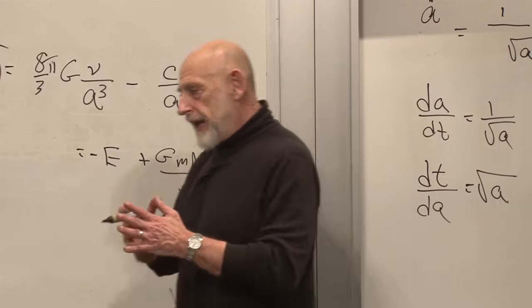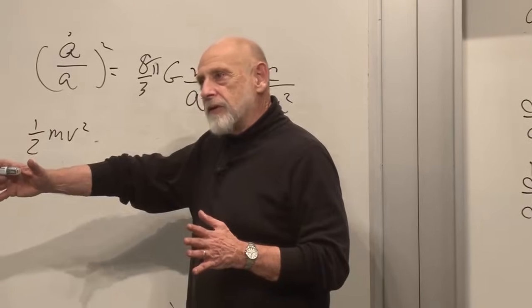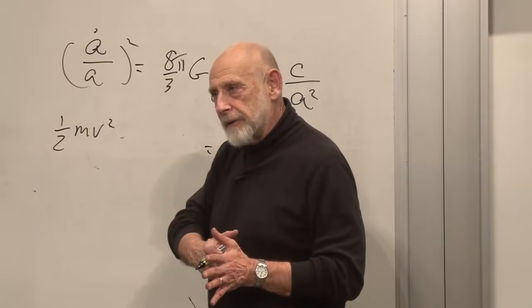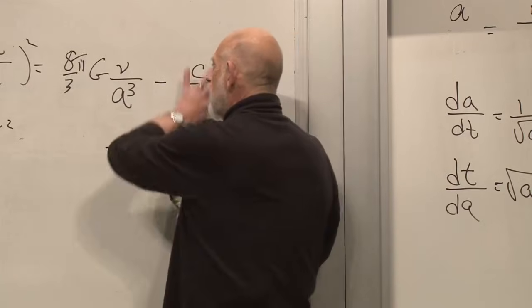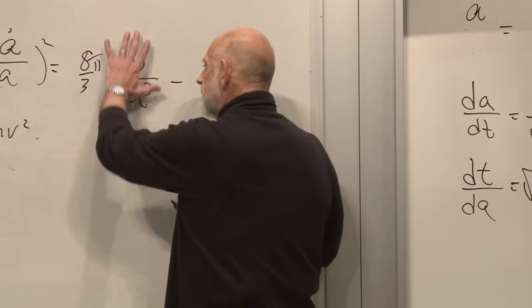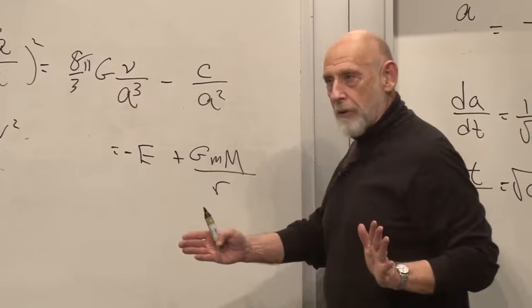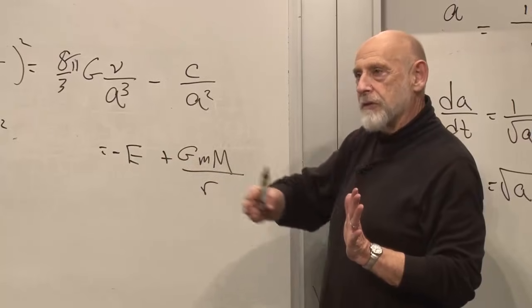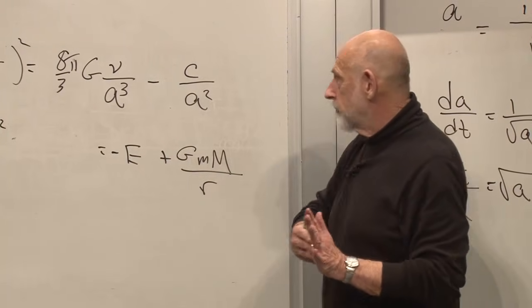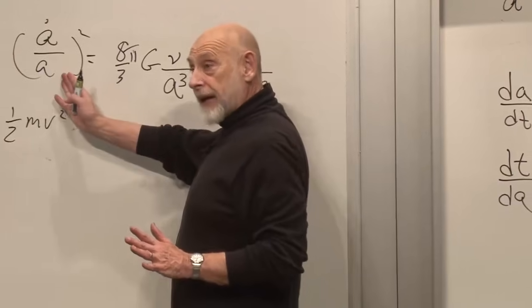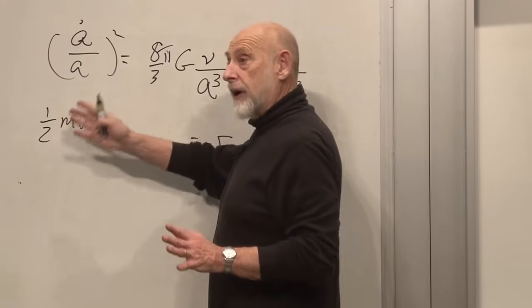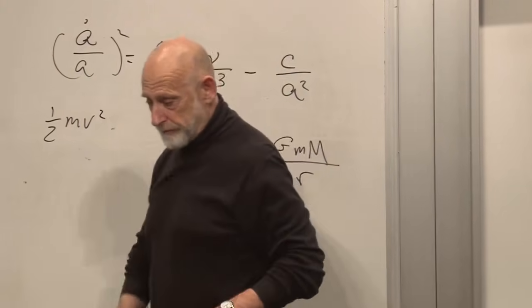A gets so big and then stops getting bigger and comes back down. A is always in a region where this is positive, but it goes through zero. And going through zero is just coming to rest and falling back down. On the way back down, you have to take the negative root. A dot over A is the negative square root. Good. All right.